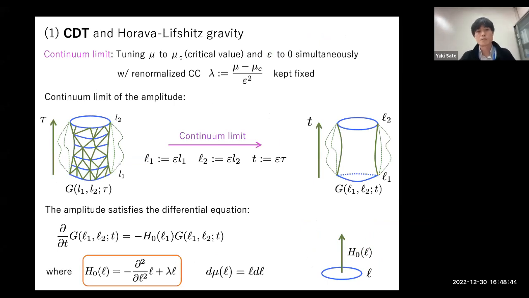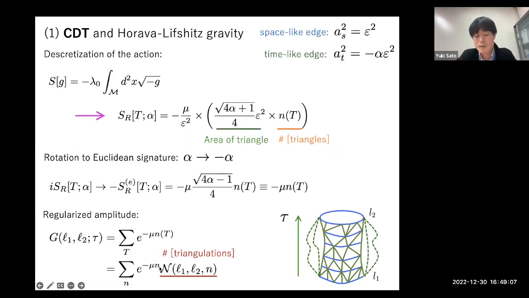So we have to remove the cutoff. This can be achieved by the continuum limit, so let me explain what it is. This system has the parameter mu, the cosmological constant. If you tune this cosmological constant to its critical value, say mu c, then this summation hits the radius of convergence. At the critical point, this quantity becomes non-analytic.